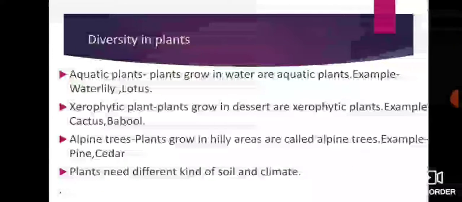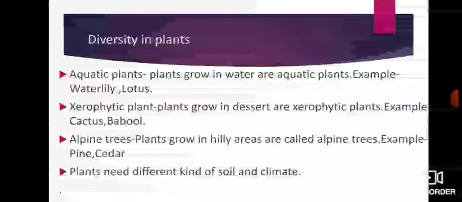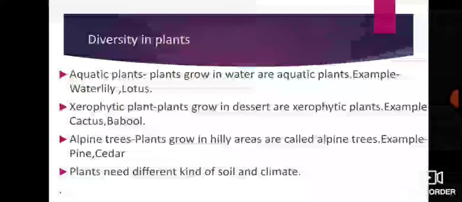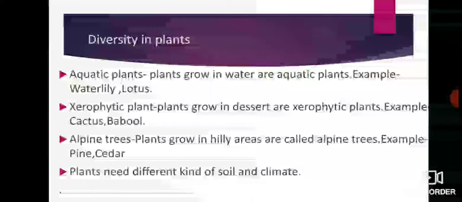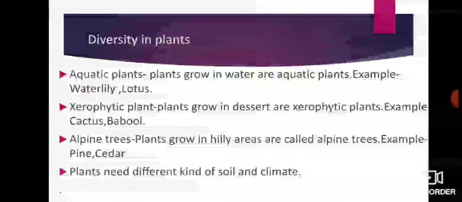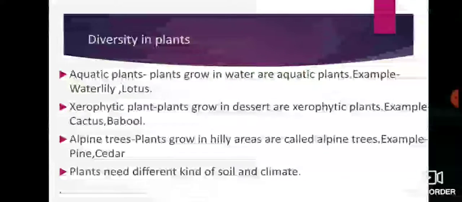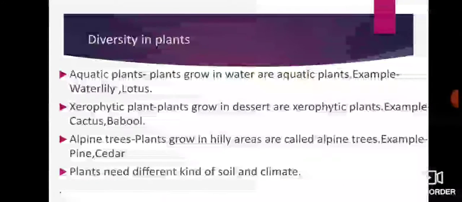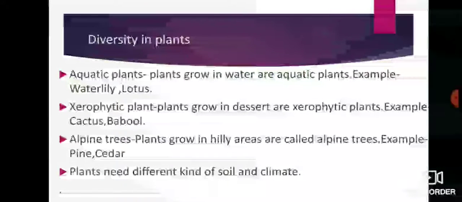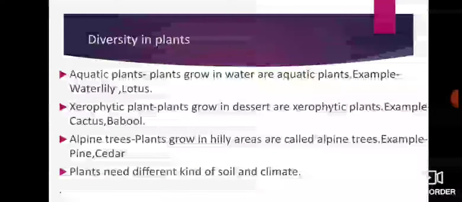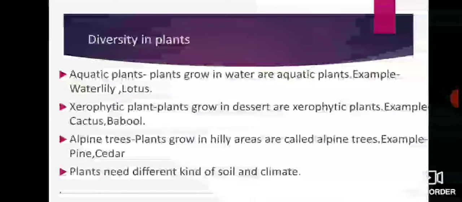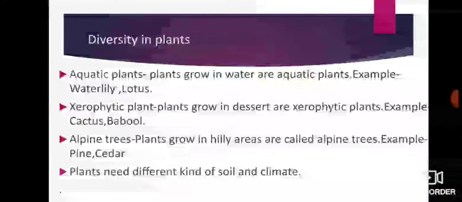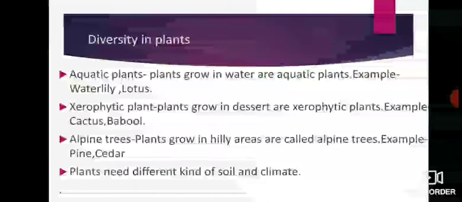Here is another slide. Here I have explained what is aquatic plant, what is xerophytic plant, what are alpine trees. Okay. So, diversity in plants. In this way, we can see different types of plants. They are different because they grow in different soil, in different climate. According to the climate or soil, we can divide the plants into three types here.